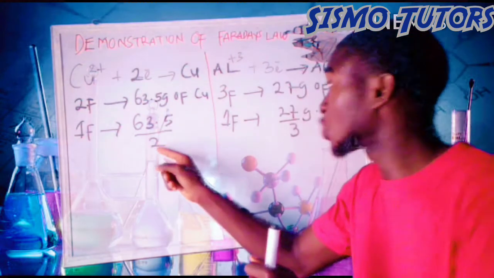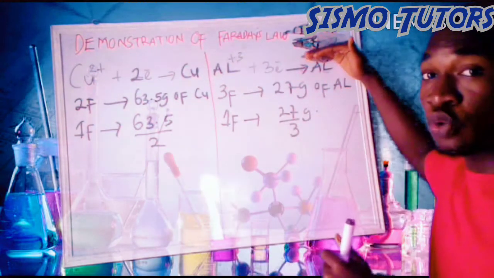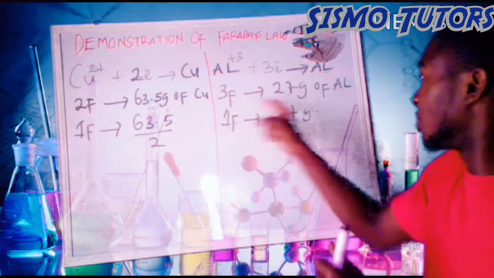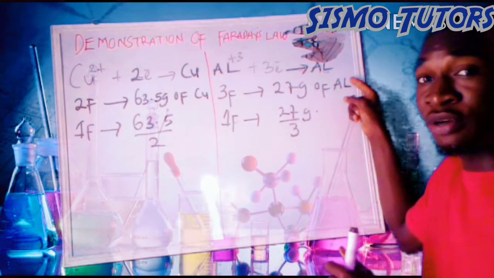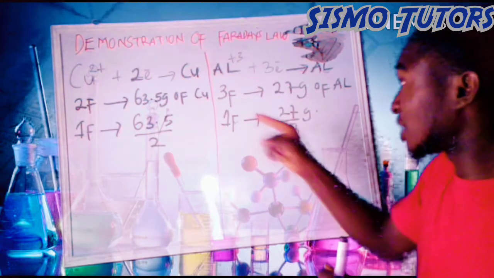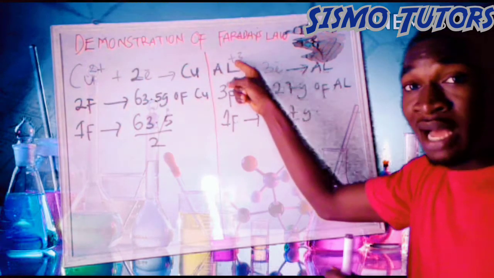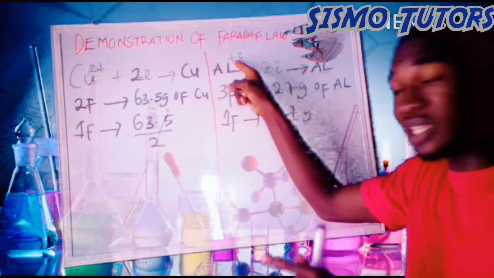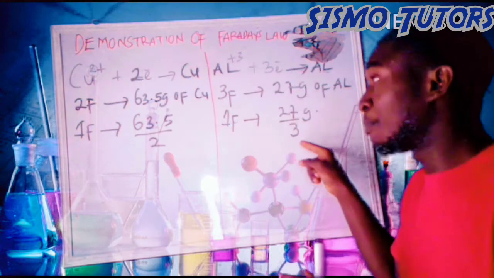So we divided by 2. Over to this very one too, we have the atomic mass of aluminium being divided by the number of Faraday, which is 3, or we can say by the number of valency electrons. Aluminium has +3 as the valency, and we divided the mass by 3.